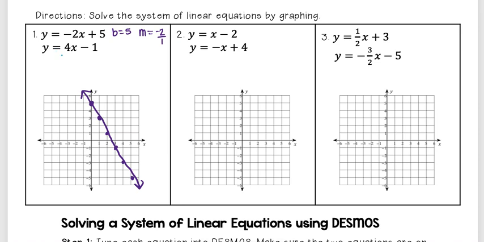Okay, and then for my second equation, my b value here is -1, and my m is 4. I'm going to put a 1 underneath it as well. I begin at the b, so I go to -1, and that 4 over 1 means I go up 4 and to the right 1. And I see that's already a shared point, that we already found it.